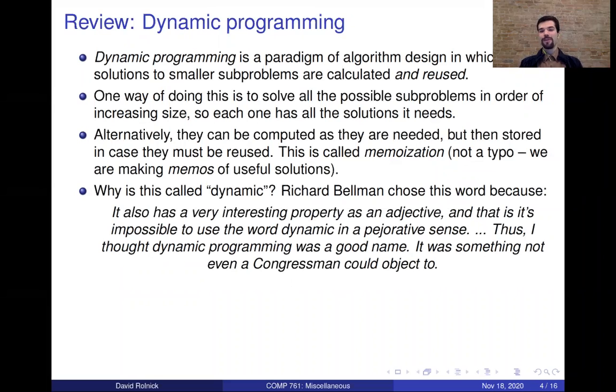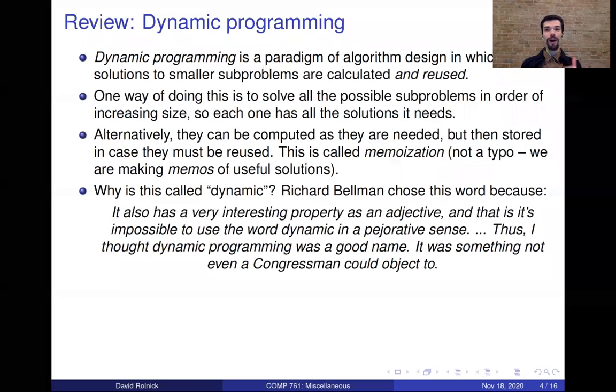It also has a very interesting property, said Bellman, as an adjective, and that is it's impossible to use the word dynamic in a pejorative sense. Thus, I thought dynamic programming was a good name. It was something not even a congressman could object to. Apparently also Bellman was influenced by trying to sound like linear programming and trying to make it even more awesome sounding than linear programming.